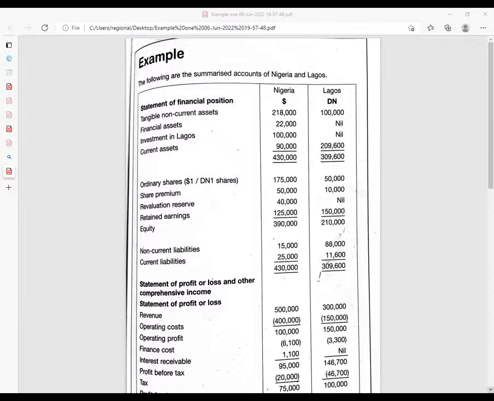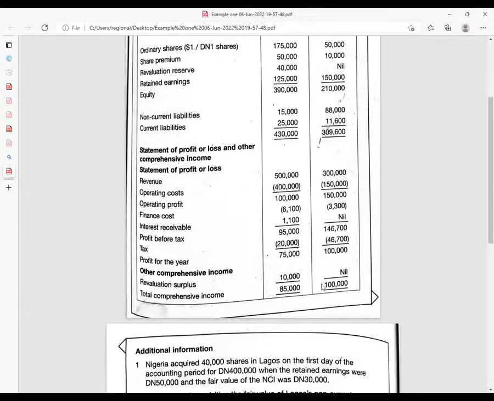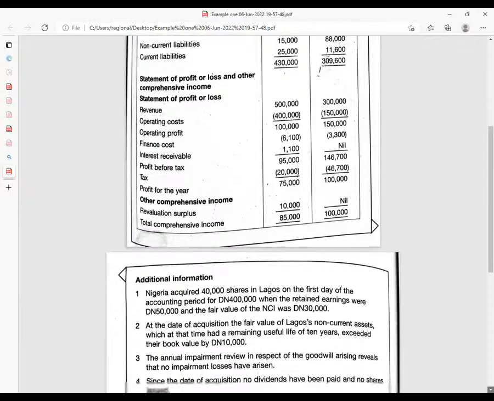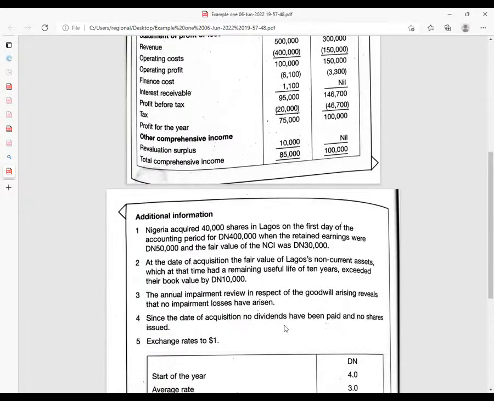Now, listen to me very well. They have given me everything there. And then we are told here additional information that Nigeria acquired 40,000 shares in Lagos on the first day of the accounting period for DN 400,000 when the retained earnings were DN 50,000 and the fair value of the NCI was DN 30,000.